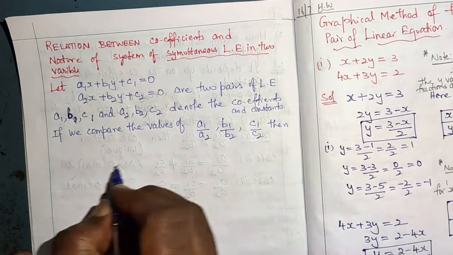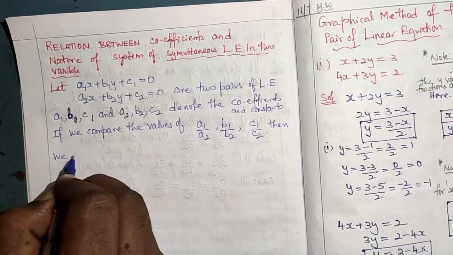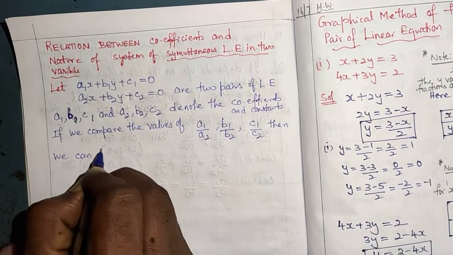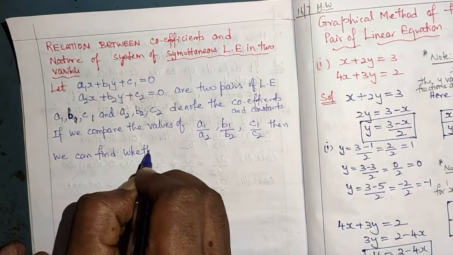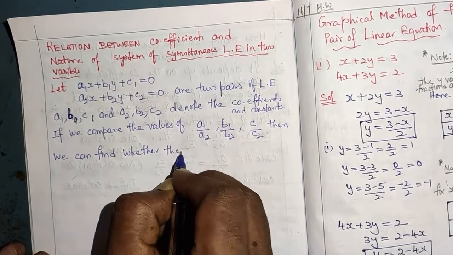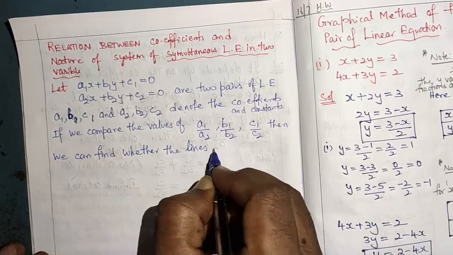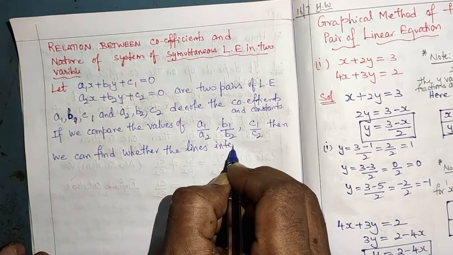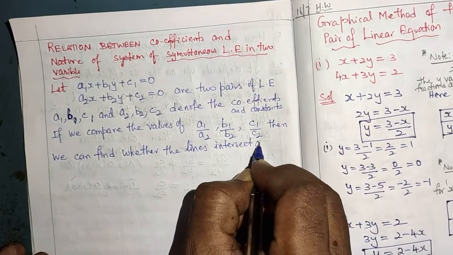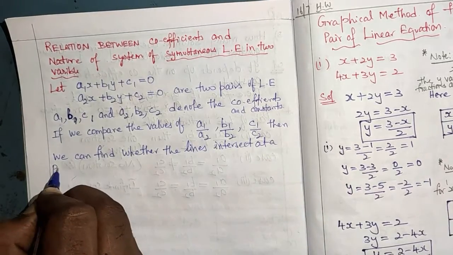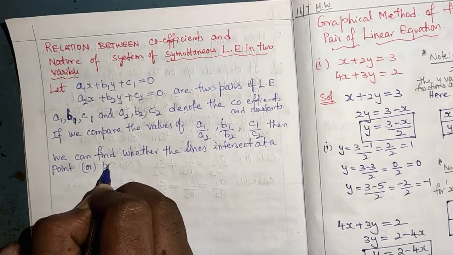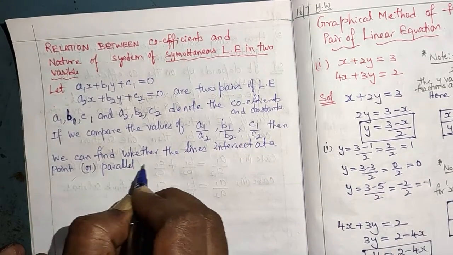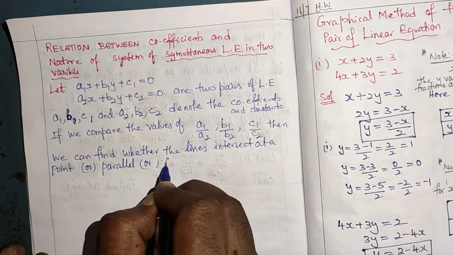Then we can find whether the lines intersect at a point, or are they parallel or coincident.